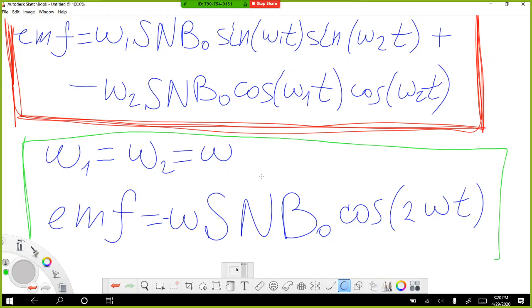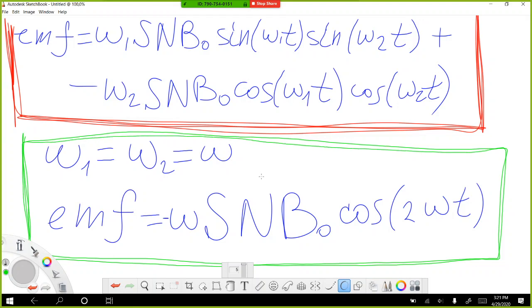Okay. In the upper red box you have the equation for the general case, and in the lower green box you have the equation for the particular case when omega 1 and omega 2 are equal.